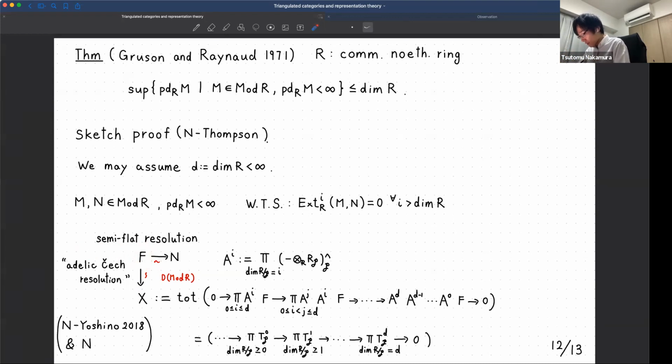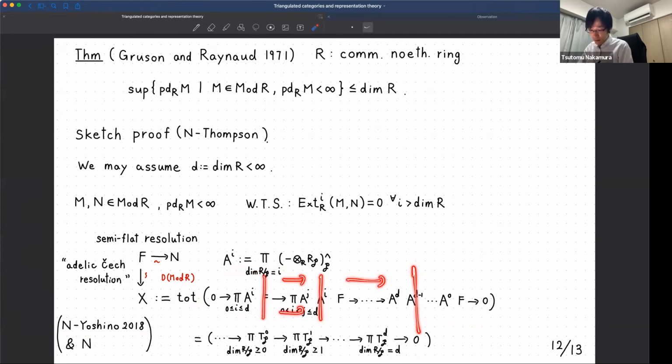Such a technique was essentially already introduced in my paper with Yuji Yoshino. And so the complex X is the totalization of some double complex. Since F is a complex, if we apply some additive functor, then this is a complex of this one.